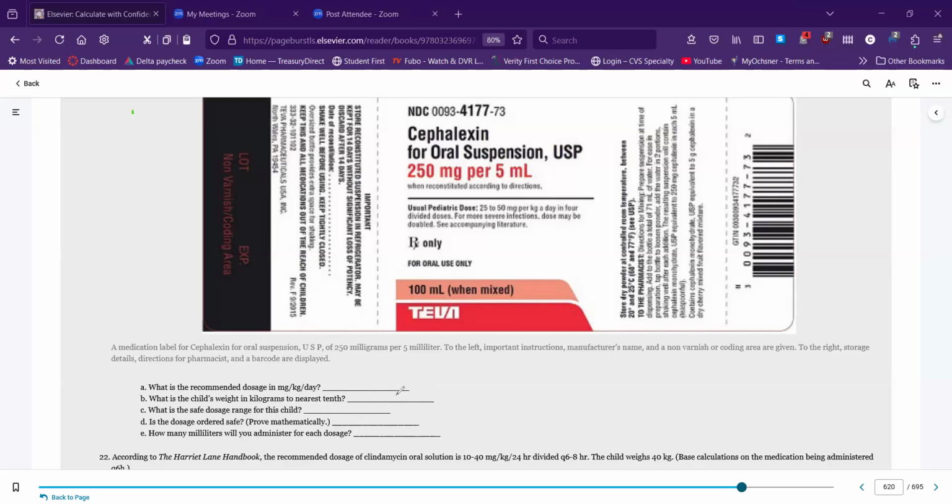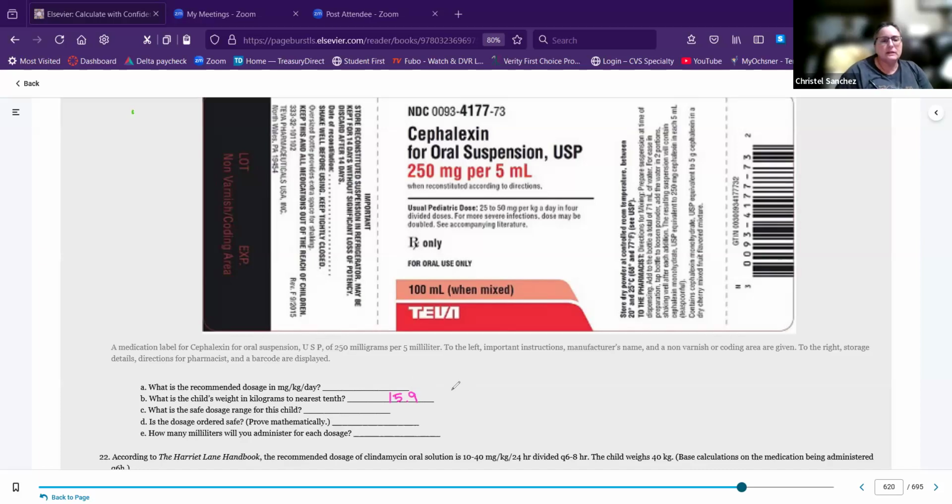Yes, 15.9. All right, and then it wants to know what the safe range is. We had 25 to 50 milligrams per kilogram per day. So now we take our 15.9 kilograms and multiply it times each side.